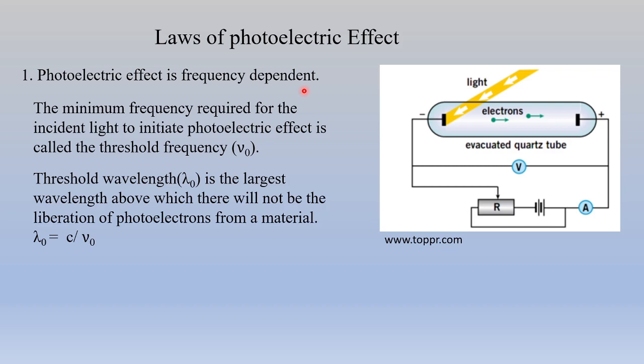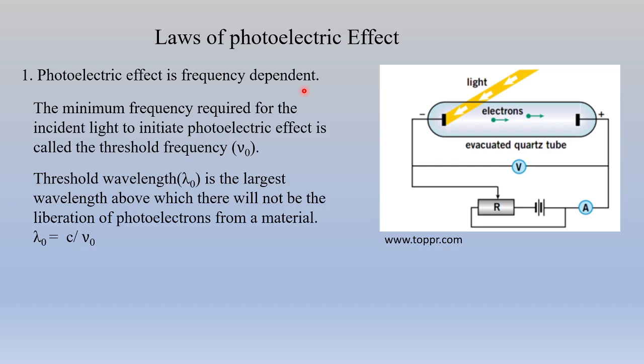Each photon is capable of liberating one electron from an atom. As the number of photons increases in a given area, more photoelectrons are emitted. That means the photoelectric current depends on the intensity of light.